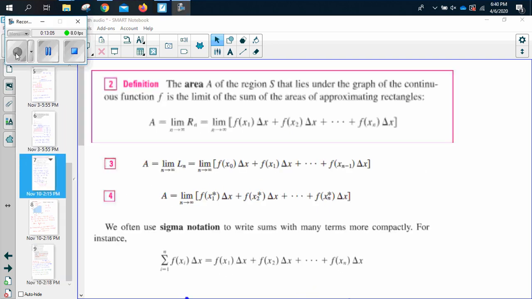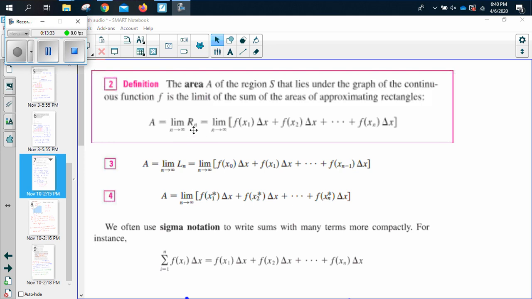Okay, so the definition: the area A of the region S that lies under the graph of the continuous function f is the limit, so here we go with the limit, of the sum of the areas of approximating rectangles. So this sum that is the height of the rectangle times delta x, we are now going to take the limit as n goes to infinity, and that's the actual area.